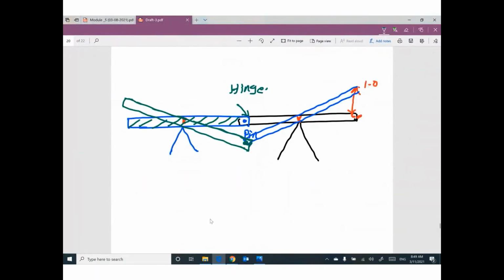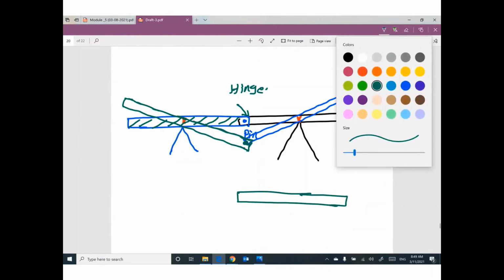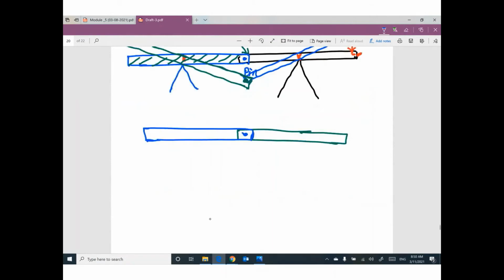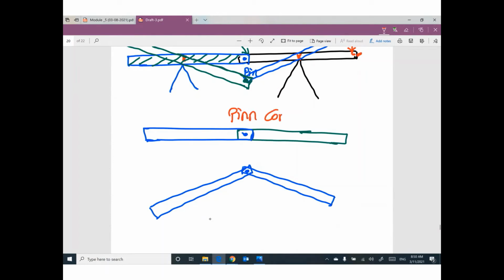Remember, if you have a connection between one stick and another piece by hinge, we can expect that this one looks like this and this one can be like this. Does that make sense? This is the main purpose of using pin connection. This part must remain straight.